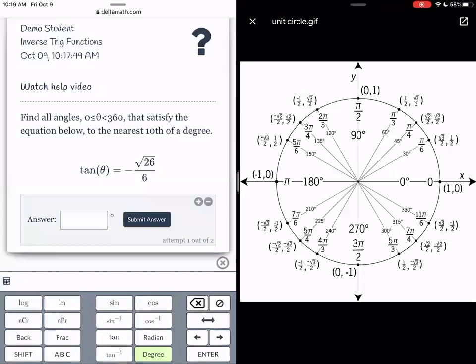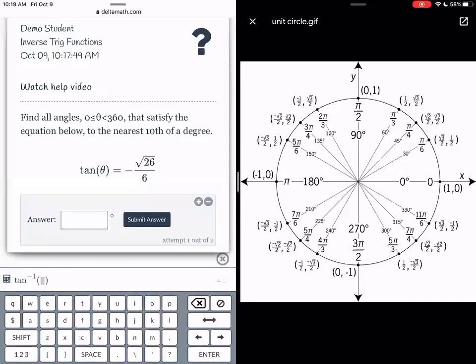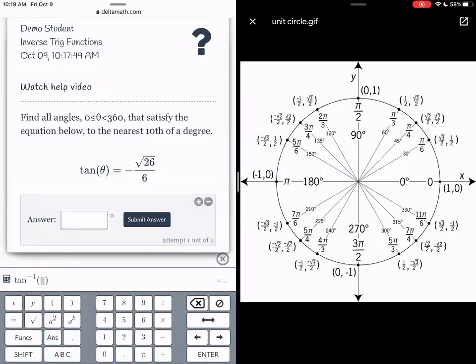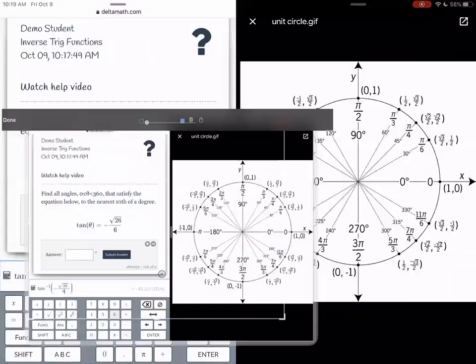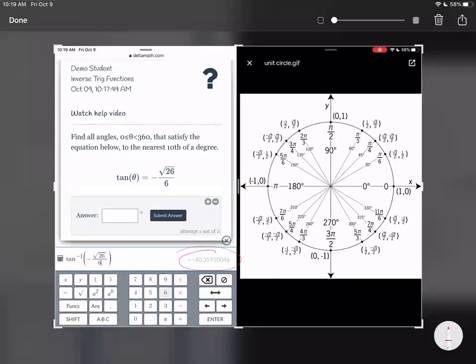So I press functions, and then you can see that there's inverse sine, inverse cosine, inverse tangent. We're going to press inverse tangent. And then inside the inverse tangent, let's go back to the numbers. Type negative radical 26 over 6. And then it gives us negative 40.359 over here. Gives us this answer.